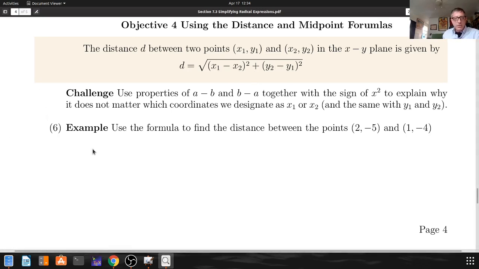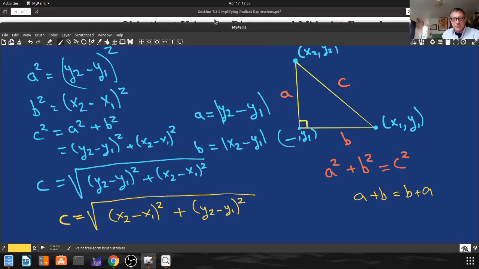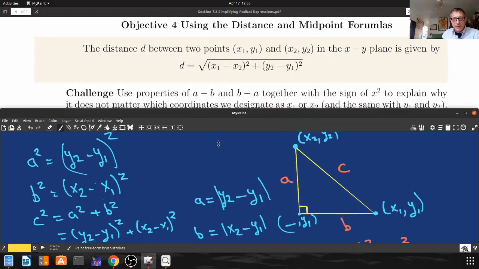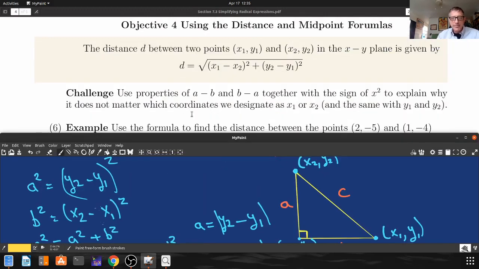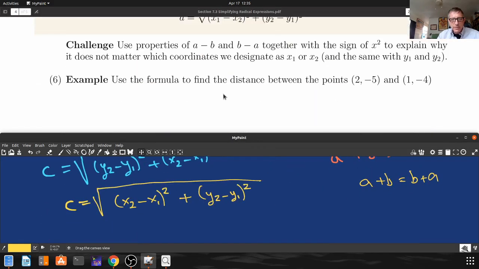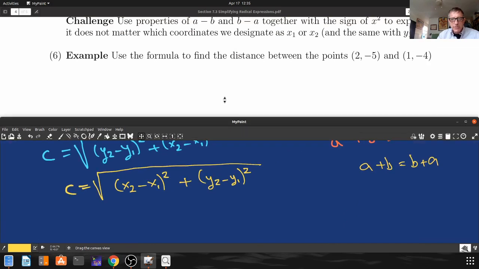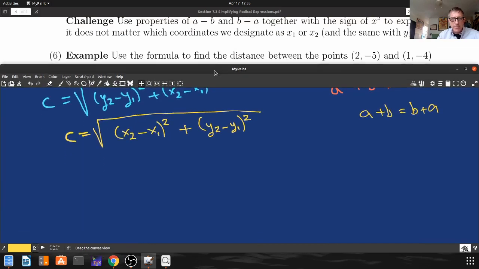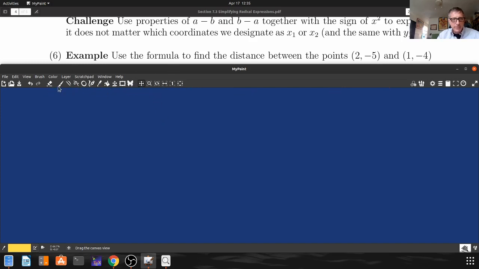Here's a challenge question, but there's enough on our plate right now. You can look at it. It's a really simple challenge question. So let's use that formula, and right here is my formula. Actually, I'll write it exactly as it is up here.